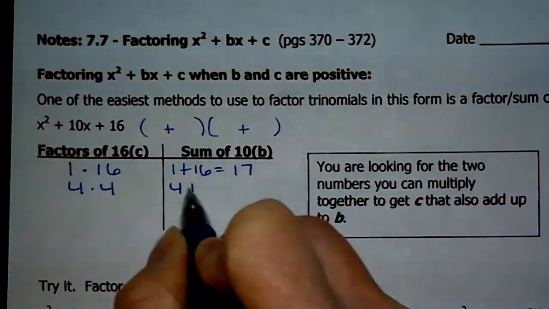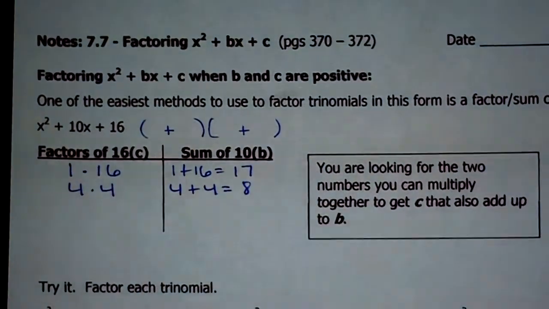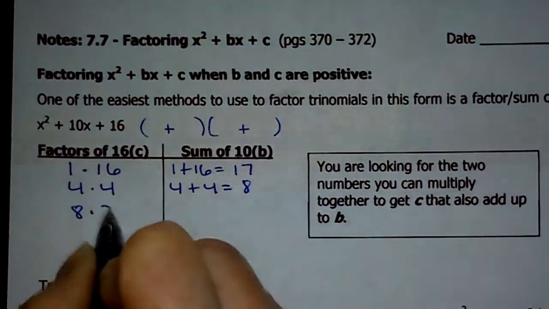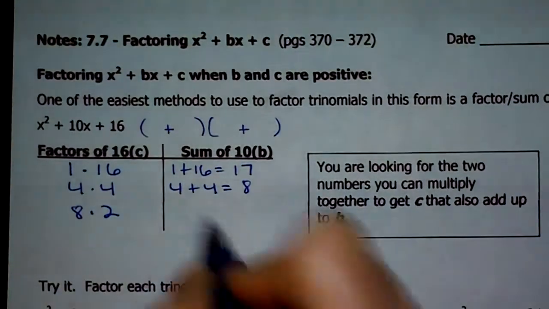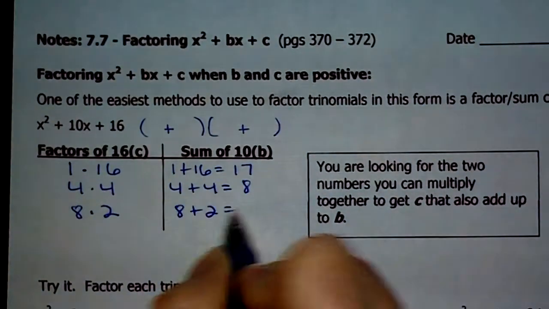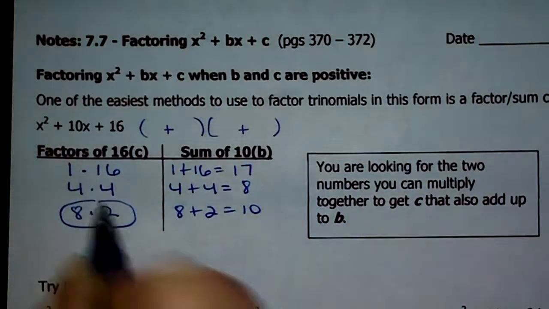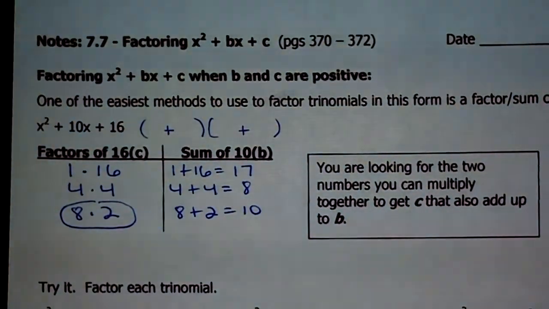But is 4 plus 4 10? Nope, it's 8. I also know I can take 8 times 2. When I multiply those together, I get 16. Is 8 plus 2 10? Yes. So that means I'm going to use the numbers 8 and 2.